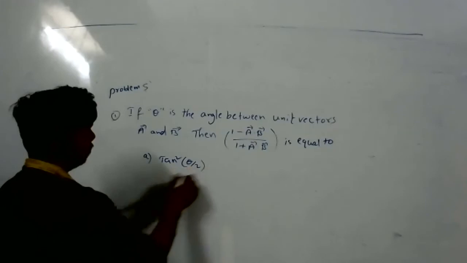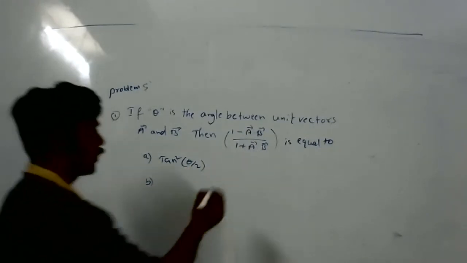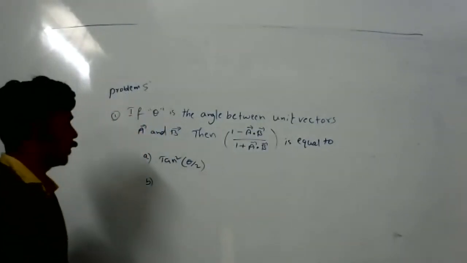Sir, is it the dot product? Yeah, A bar dot B bar. Tan square theta by 2 or tan square theta, sir.